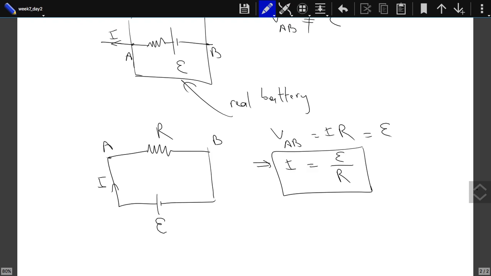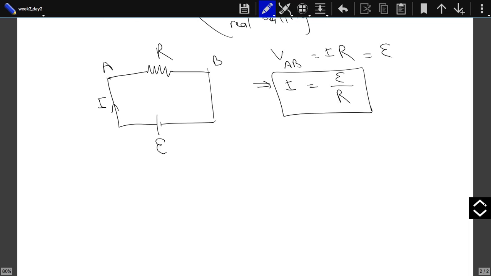Now, to see the difference in the potential, let's replace this with a realistic battery. A realistic battery would be an EMF source plus an internal resistance, plus we have this external resistor.